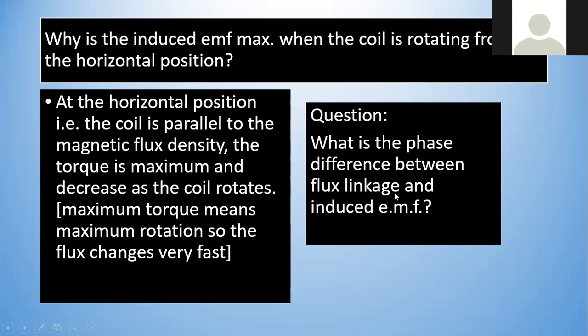The phase difference between the flux linkage and EMF. The magnet is curved already, but don't bother about the magnet curve. Just now I told you, you just imagine it's a uniform field. The curved magnet, in this case, is trying to make it radial, which means it doesn't depend on the angle, but we are not interested in that. We are interested in the uniform field.